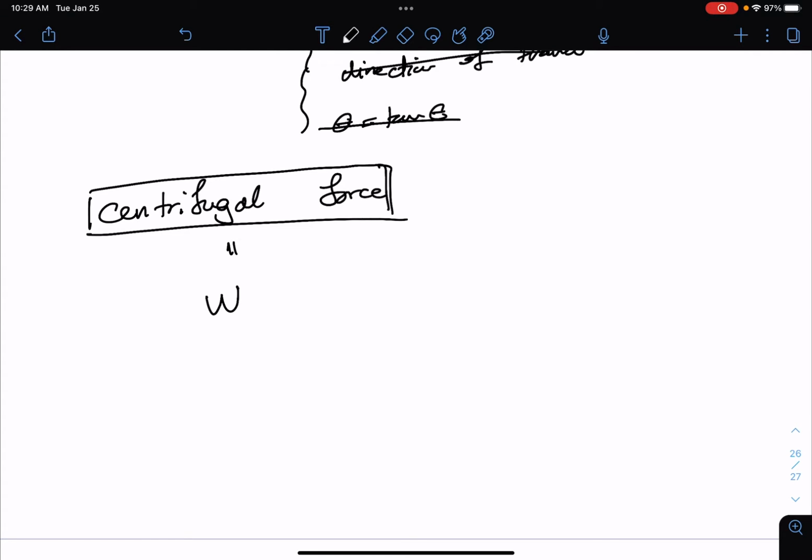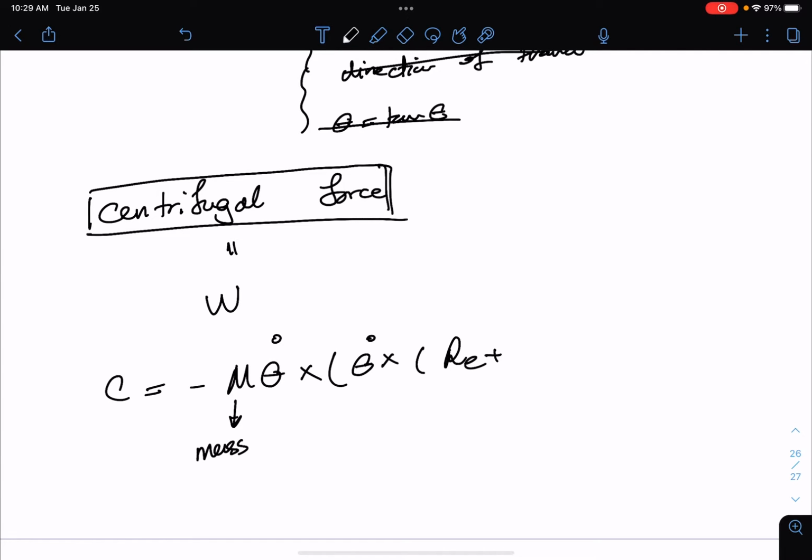So let's actually put this. Centrifugal force is calculated by m, mass, times omega cross theta dot. And again, I'm changing the letters used to fit the book, right? So this is omega, or omega of Earth.